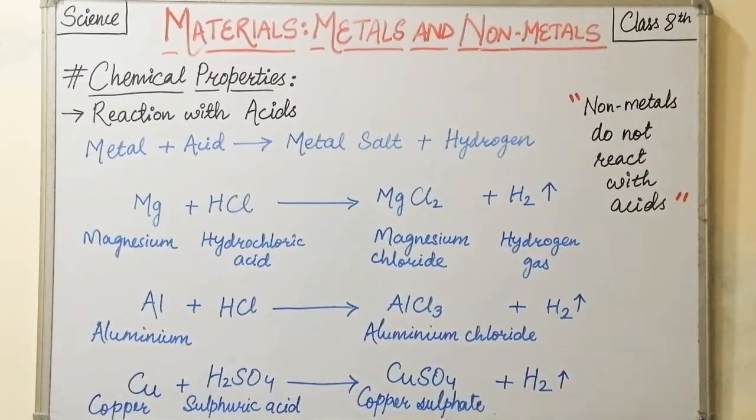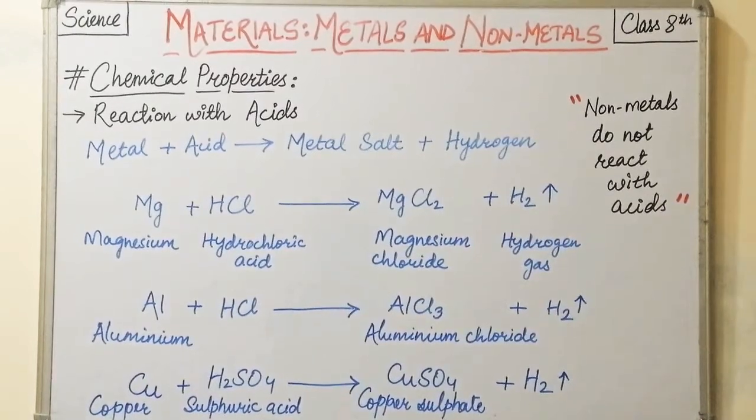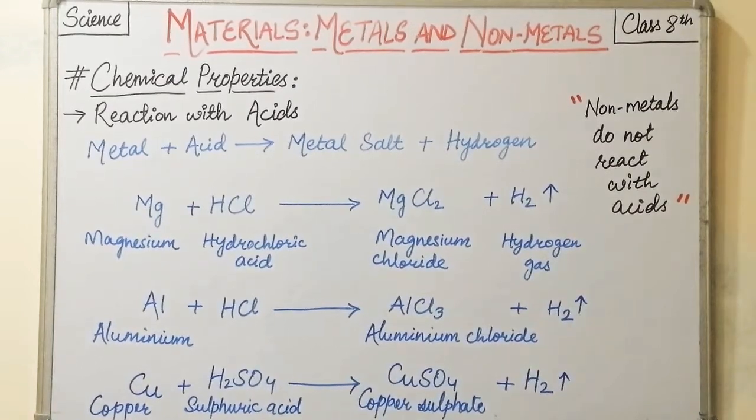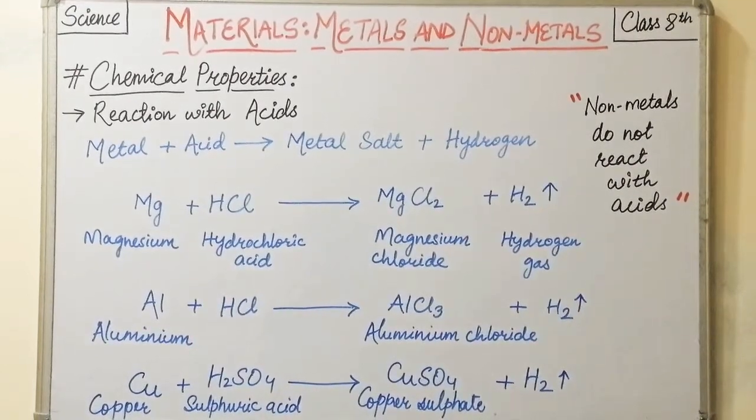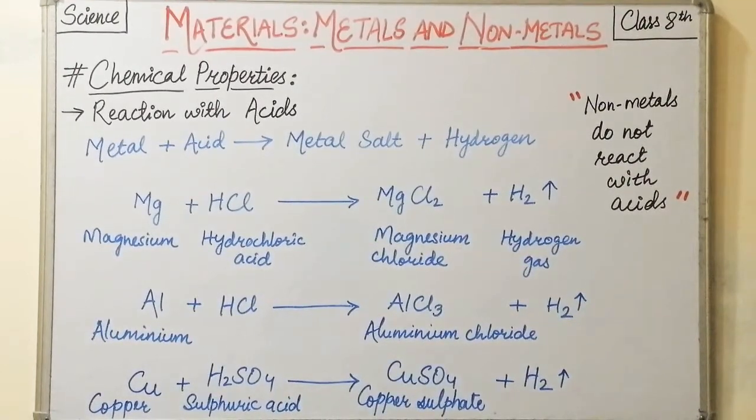Now here we are taking copper. It reacts with sulfuric acid, H2SO4, and it gives us copper sulfate, CuSO4, plus hydrogen gas.